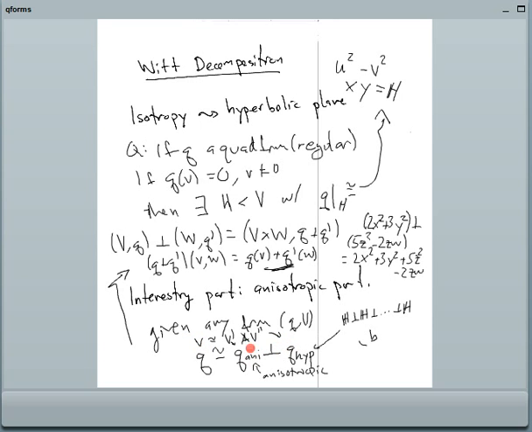Then you keep pulling out these planes until what you are left with, this Q anisotropic, doesn't have any more hyperbolic planes in it, and therefore is no longer isotropic. So there's no way of solving this equation with this form on this vector space.